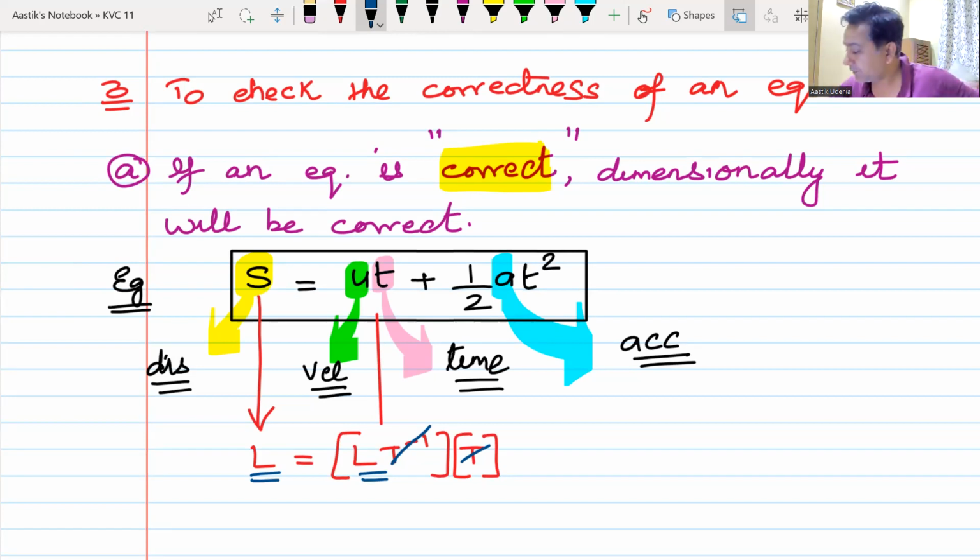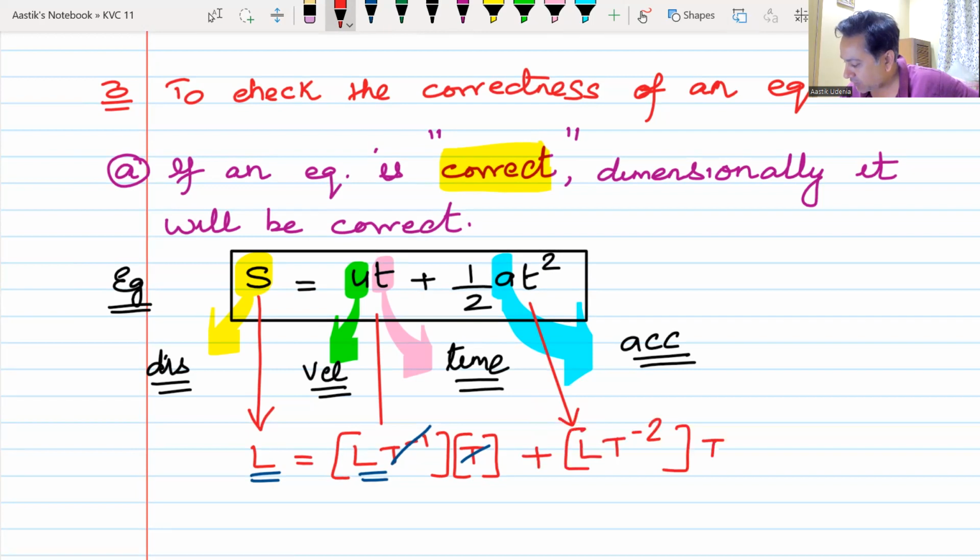So this is L. Now let us look at this term. Half does not have any dimension. Forget about half. Acceleration has the dimension of LT minus 2, multiplied by T squared.